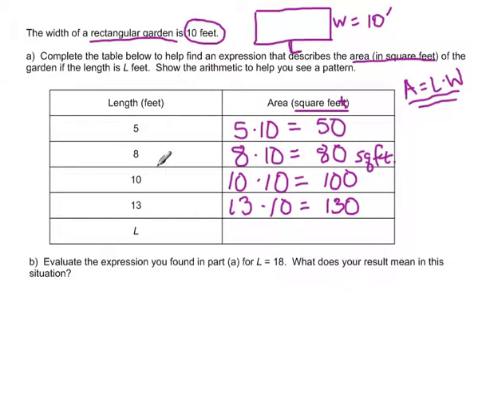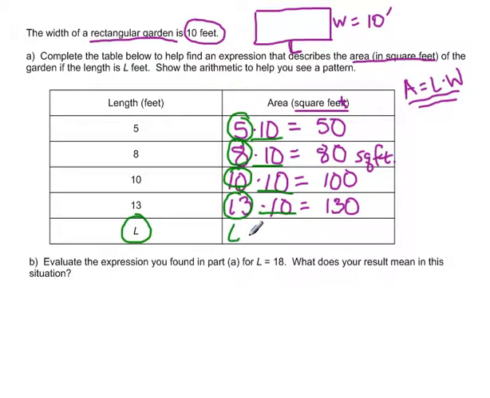Now that we've done this with some very specific lengths, let's generalize it. Let's say that instead of knowing what the length is, it's just some unknown length, L. Well, what did we do with our lengths when we knew it? Each one of these problems, we took the length, and then what did we do with the length? We multiplied by 10. We did that in every single one of these problems. So we're going to do exactly the same thing here.